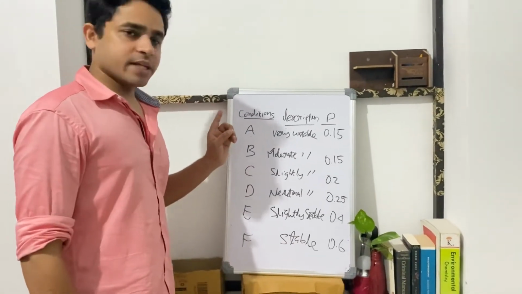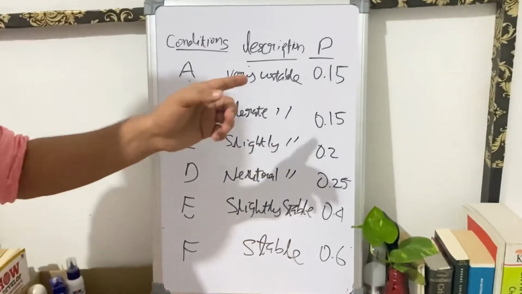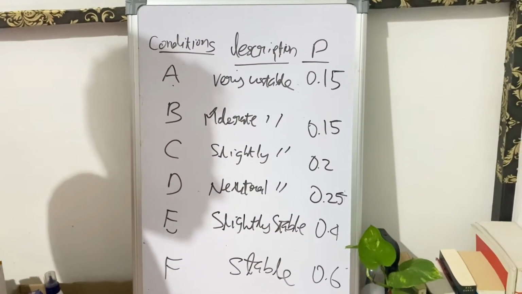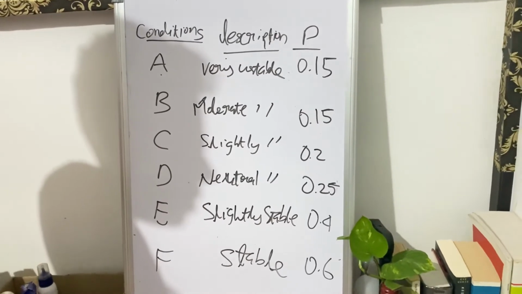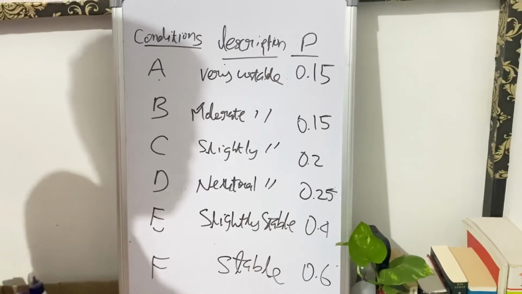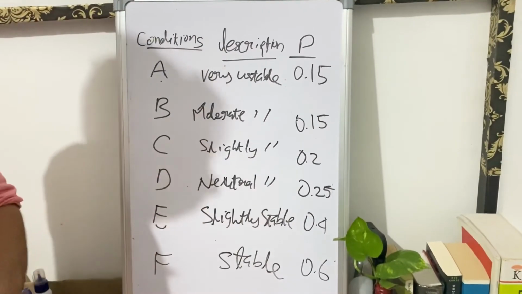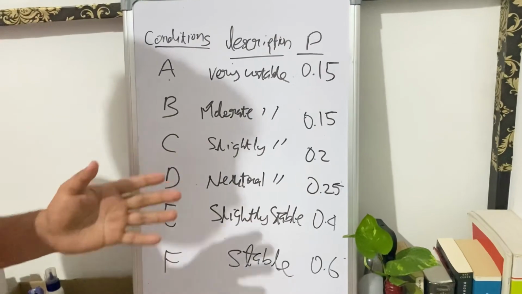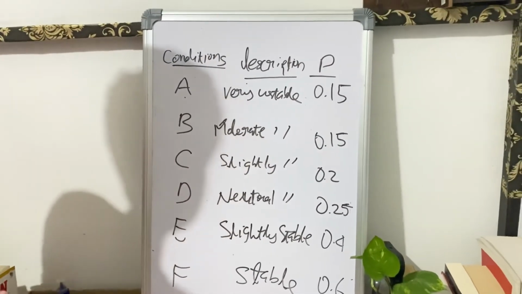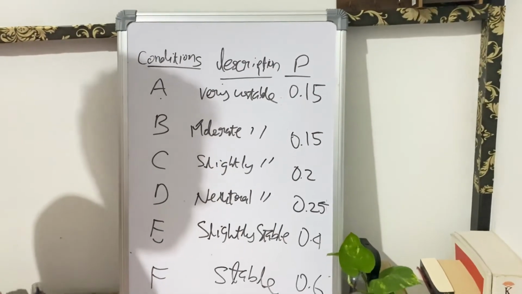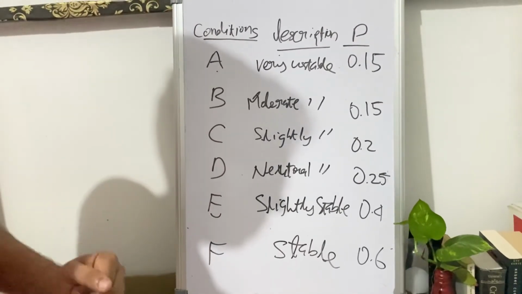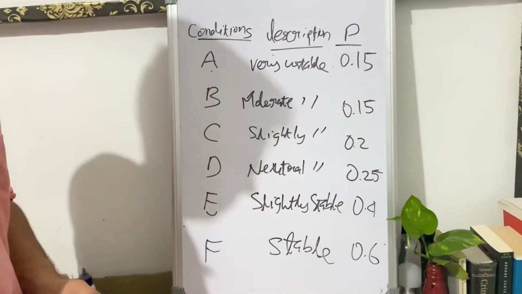So in condition A, the P value is 0.15, which means the atmospheric condition is highly unstable, very unstable. Okay, in the B condition, the P factor is again 0.15, but the description is moderately unstable. And in the C condition, the P factor is 0.2 and the condition becomes slightly unstable.